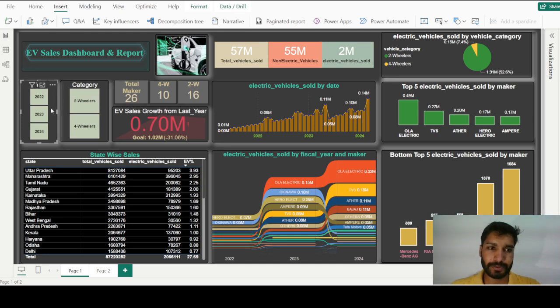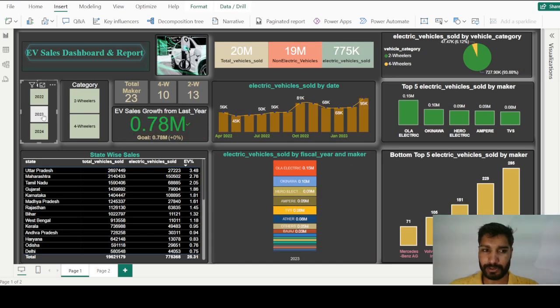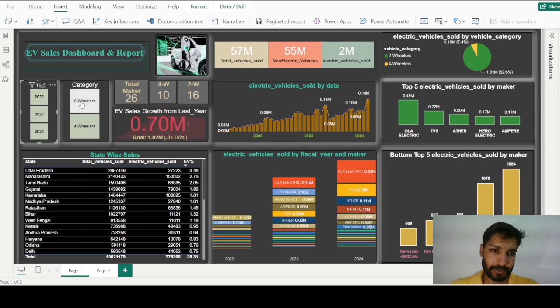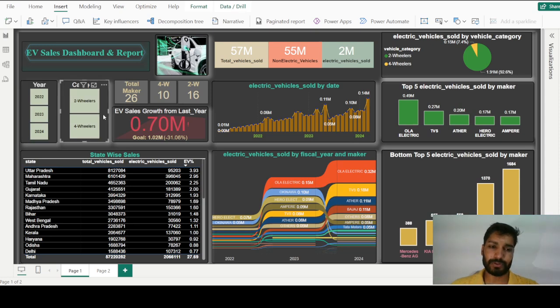Here we can select our year, in which year we are doing sales, and much more. These are the categories, like two-wheeler sales and four-wheeler sales. And we can see total vehicles sold, the non-electric and electric vehicles sold.